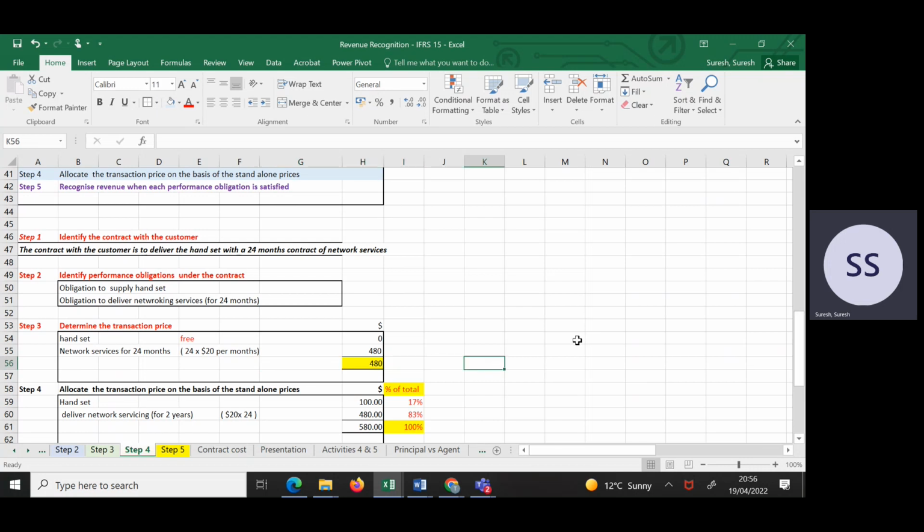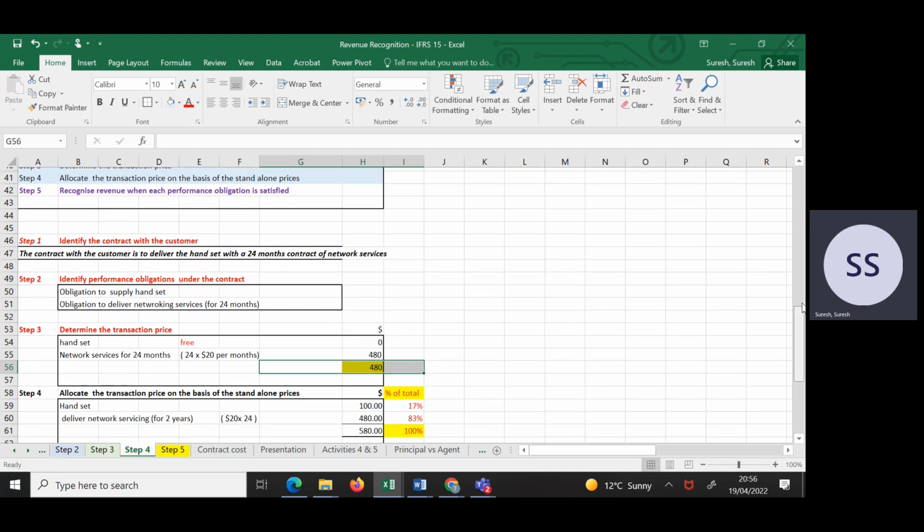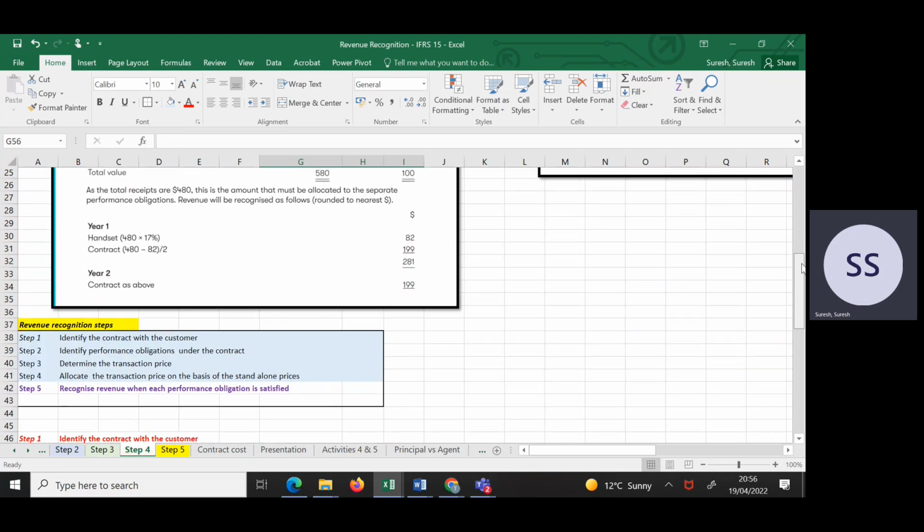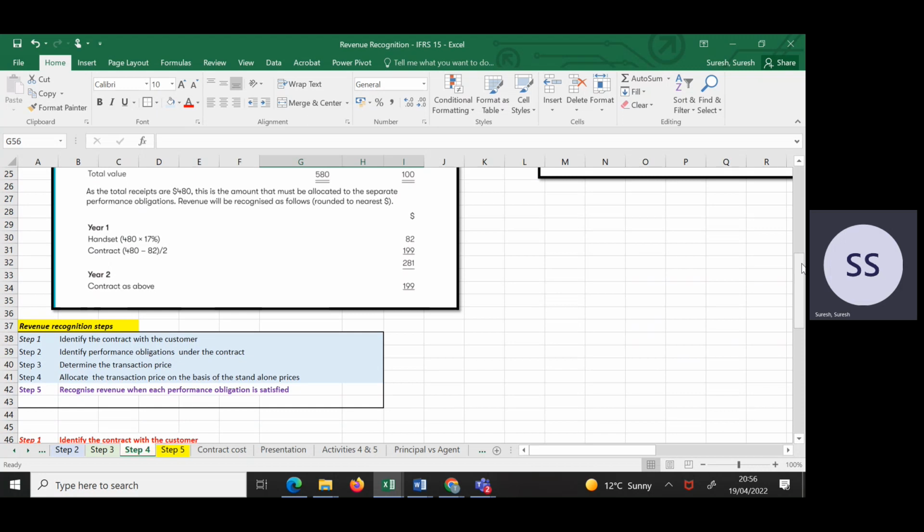Now the question is how to split this transaction price between the two performance obligations, the handset and the network. Even though I give the handset for free, it is a separate performance obligation, because people can buy the handset by itself. For that, the standard wants me to find the standalone prices and then the percentage proportion of each of the total.